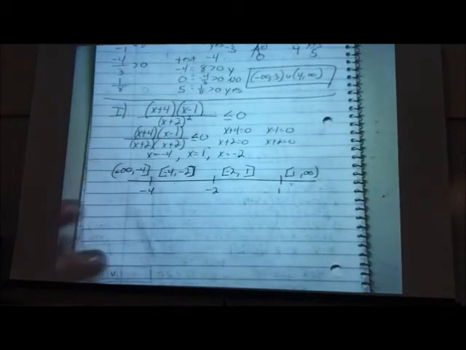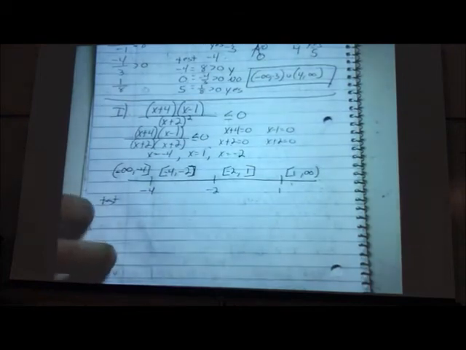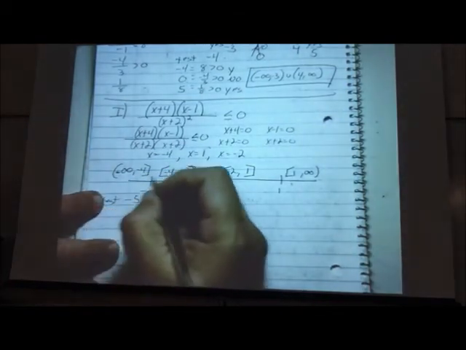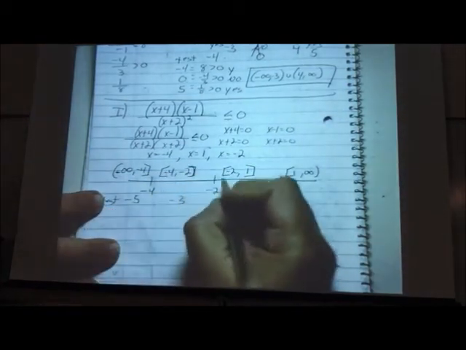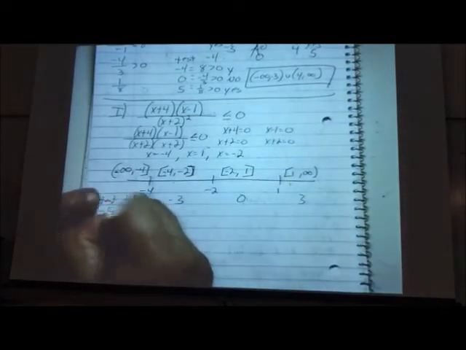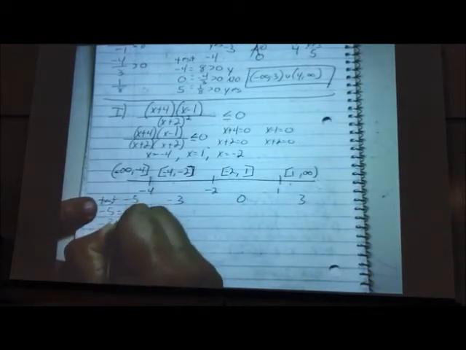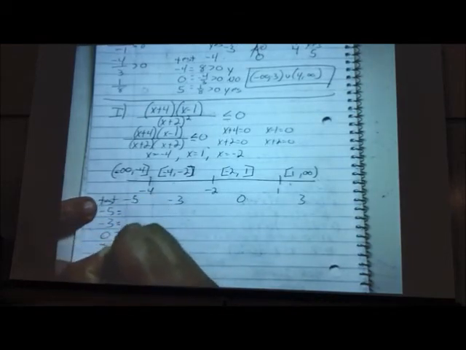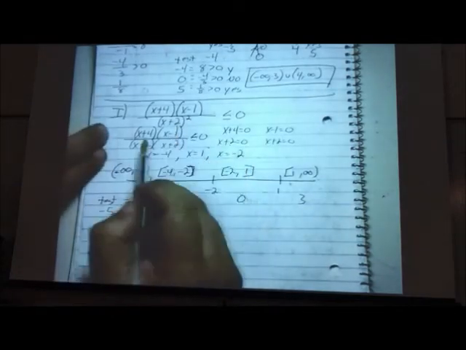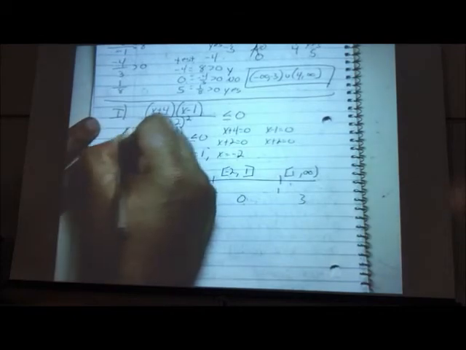We're good? Run your test. My test numbers are going to be negative 5, negative 3, 0, and 3. We go back to the second original, because this is just so much easier.